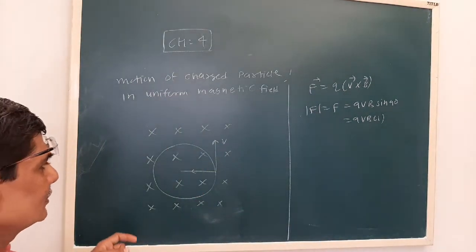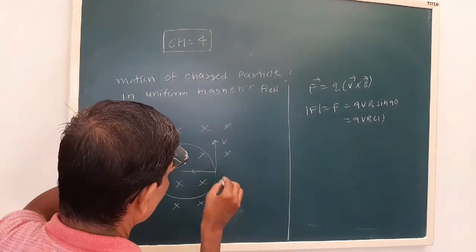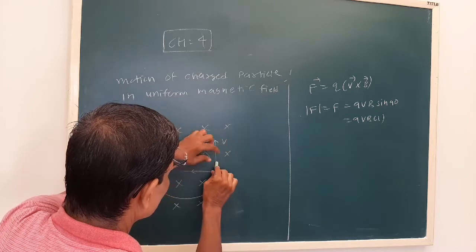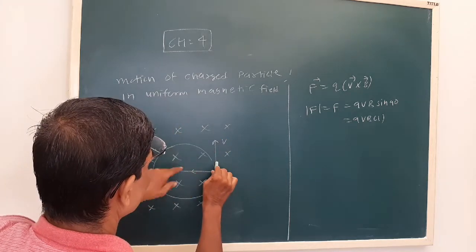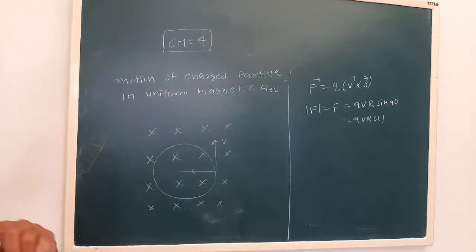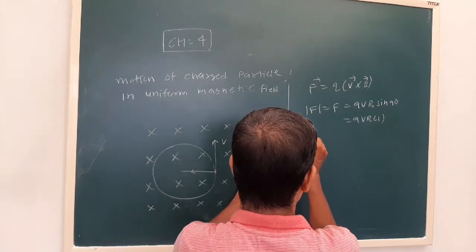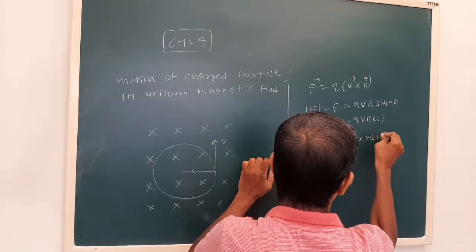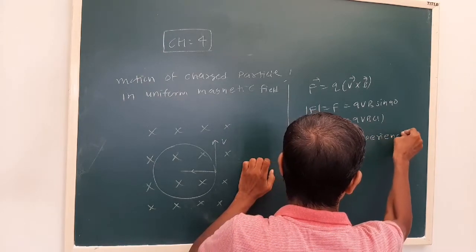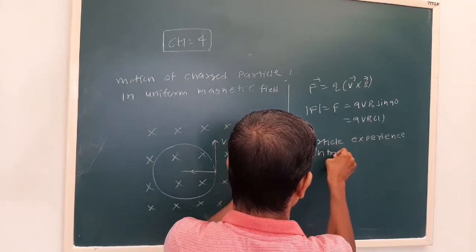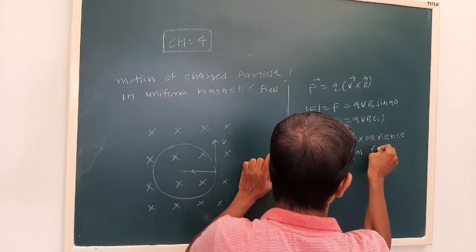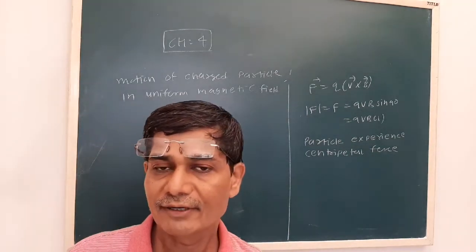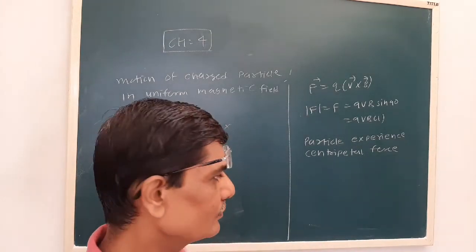Here also, let us say the field is going like this, and this is the velocity. So you can see the force perpendicular to this will be toward the center. So that will be a centripetal force. The particle experiences centripetal force. Now recall the equation of the centripetal force.